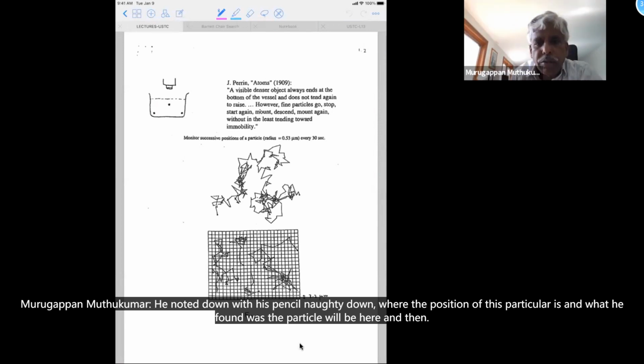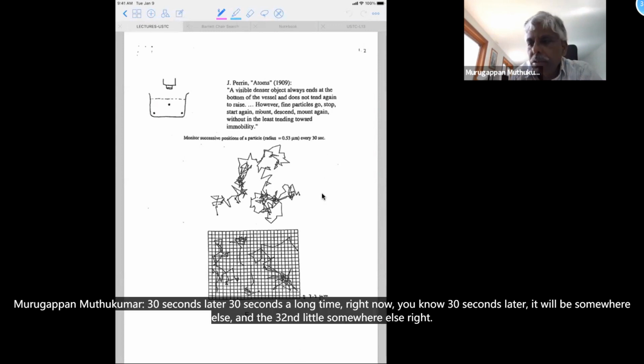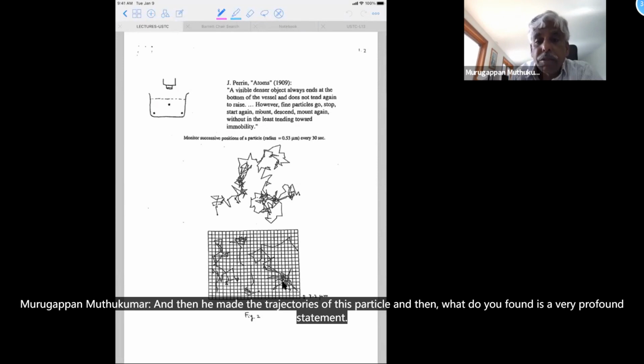What he found was that the particle would be here, and then 30 seconds later, which is a long time, right, it would be somewhere else. And then 30 seconds later, somewhere else again. And then he made the trajectories of this particle. And what he found is a very profound statement.